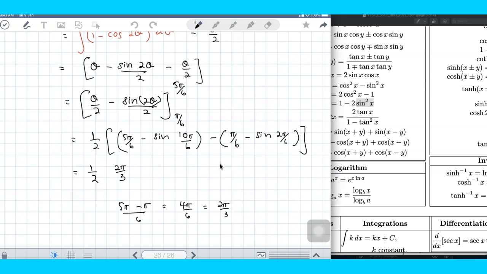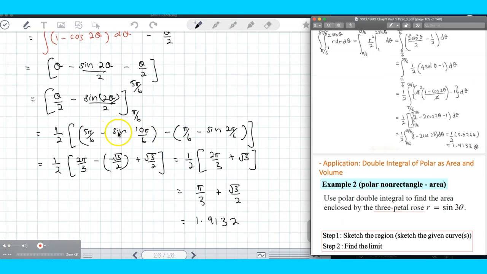Okay, and what is sine 10 pi over 6? We need to evaluate that. So be careful when you evaluate. You will get this value for sine 10 pi over 6, and then minus, so positive, sine pi over 3.